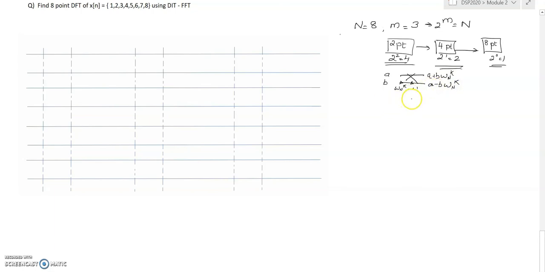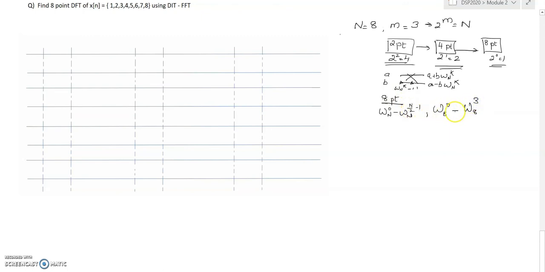Now what we need to determine is the twiddle factors for each stage. The twiddle factors required for 8-point would be W_N^0 to W_N^(N/2 - 1). So we can see that it will be W_8^0 to W_8^(8/2 - 1), where 8 by 2 is 4, 4 minus 1 is 3.